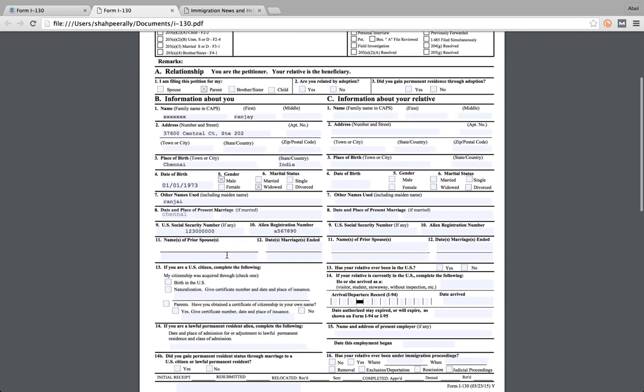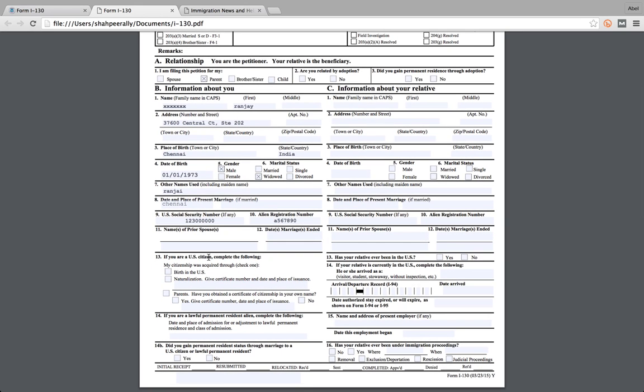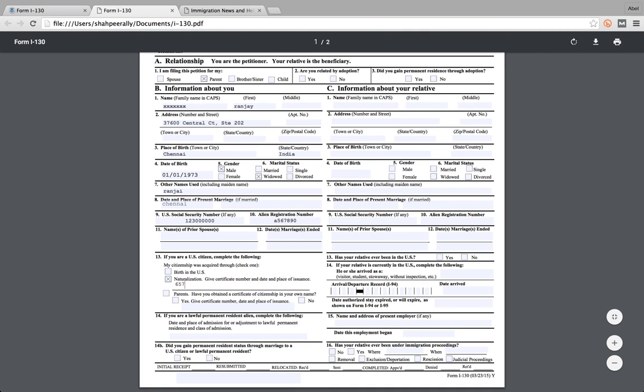If you are a US citizen, you need to complete this. If you are a citizen by birth, that means you were born inside the United States, you click here. But most of the people that we get are naturalized. So you have to put your naturalization certificate, which you will see on the form.